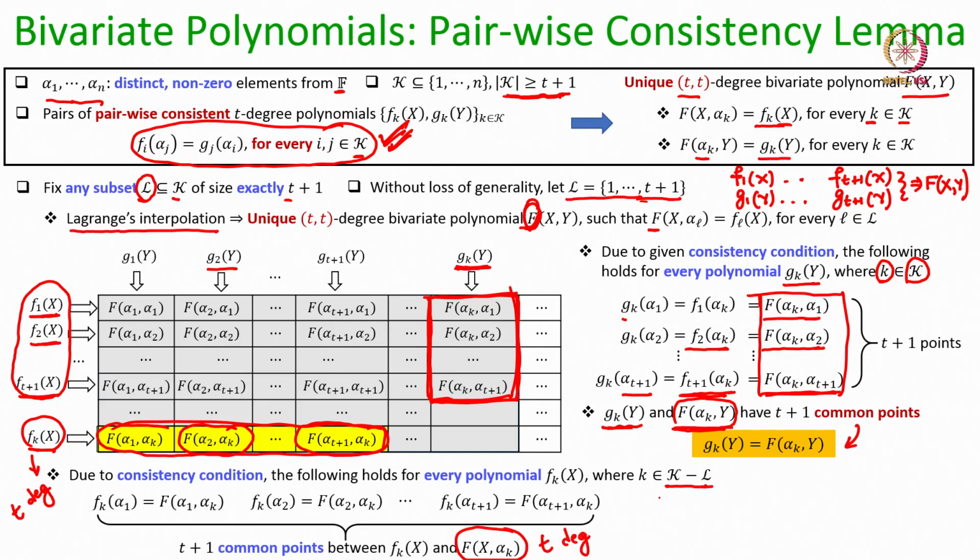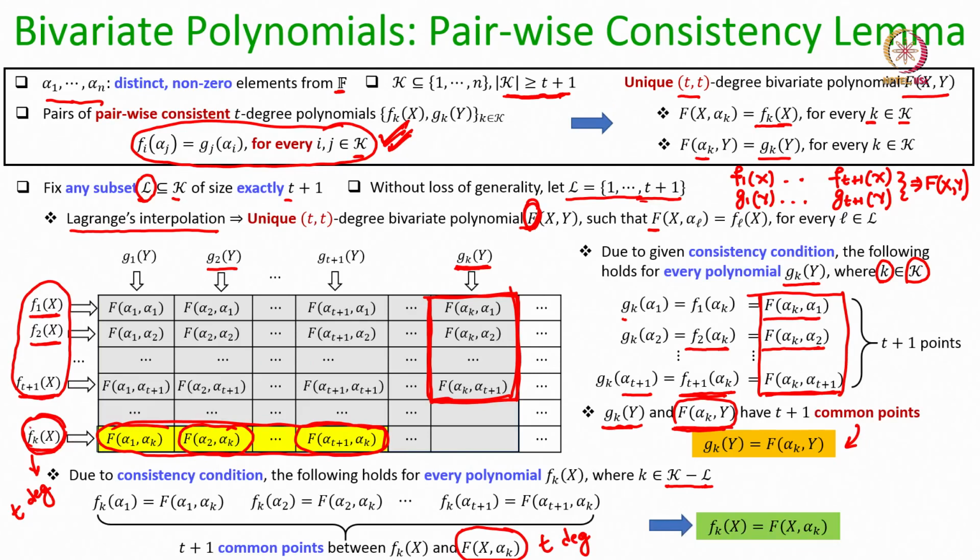And we have shown that the kth x univariate polynomial has t plus 1 points which also lie on the kth row polynomial of my interpolated bivariate polynomial. So, again we can use the fact that if you have two t degree polynomials with t plus 1 common points, then both the polynomials are the same.